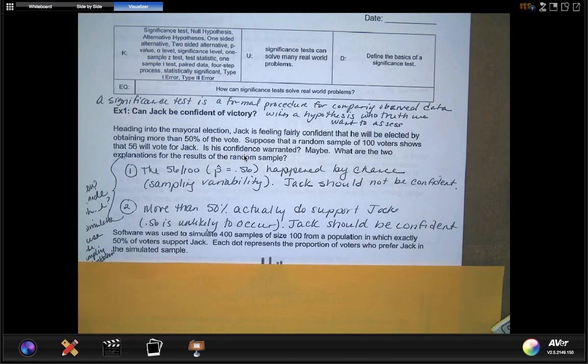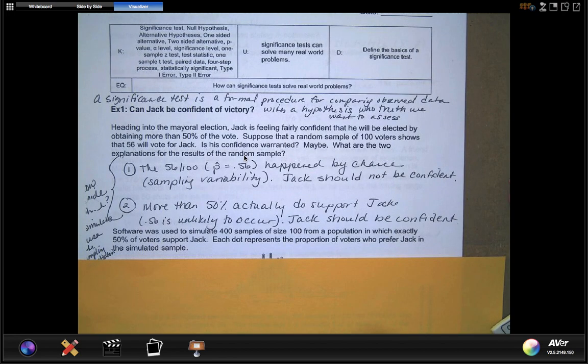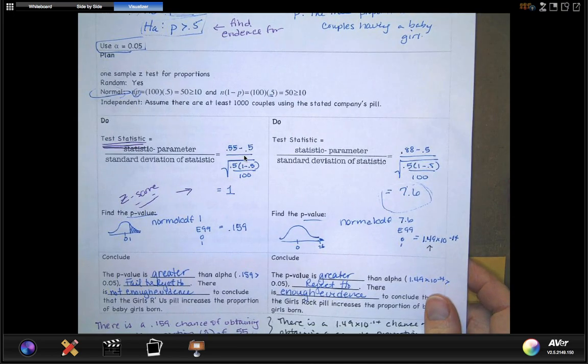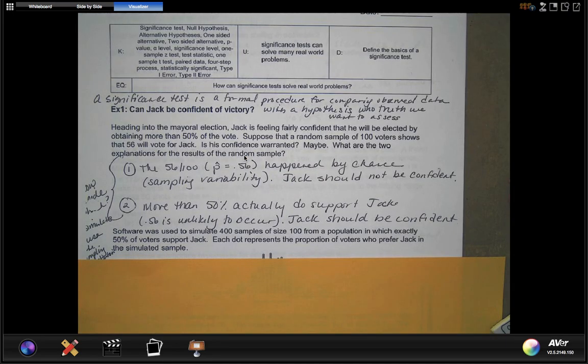So what they've done here, instead of calculating the p-value or probability like I showed you in these notes, is they've simulated using software 400 samples of size 100 from a population in which exactly 50% of the voters support Jack. Just imagine you've got this big entire population, and in that population 50% of them actually support Jack.